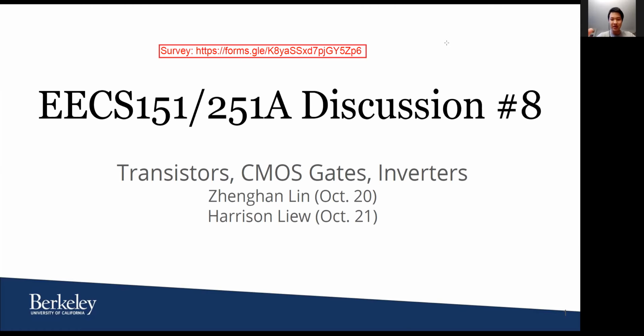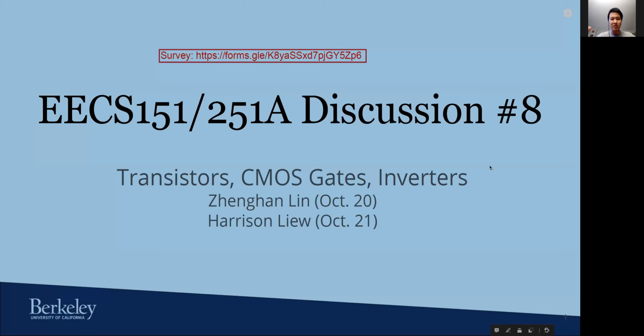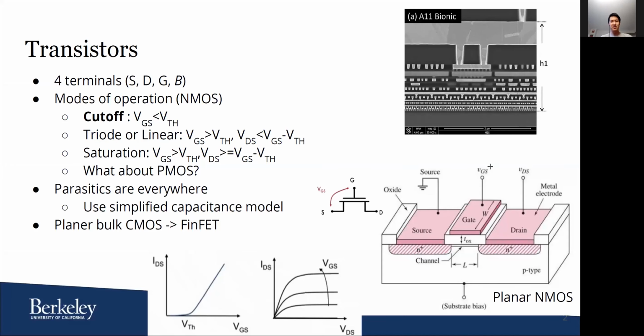So today we are going to discuss two of the past lectures, which are regarding MOS transistors, CMOS gates, and inverters. Okay. So transistors, right? In our case, we have MOS transistors. Do you know what MOS stands for? Anyone?